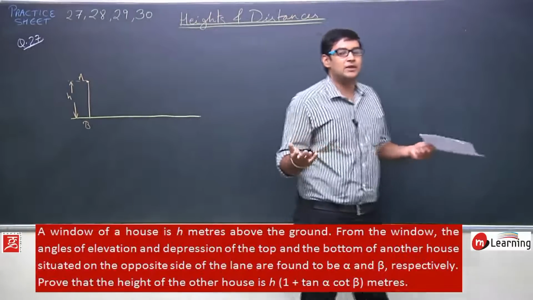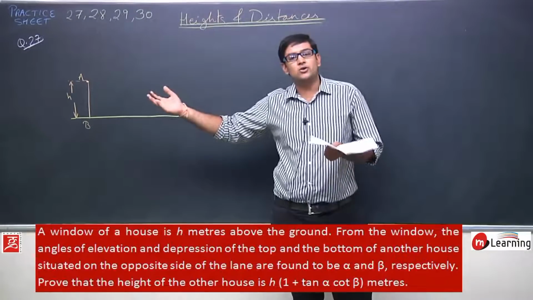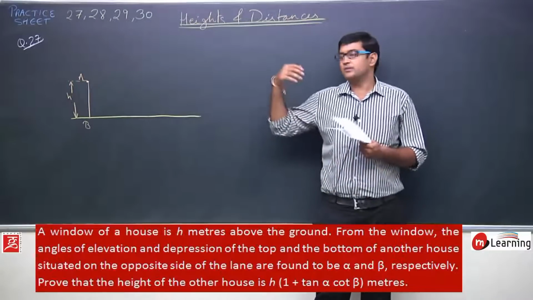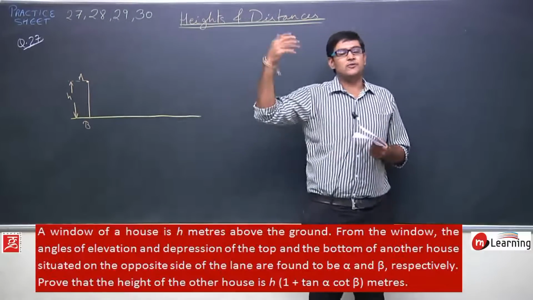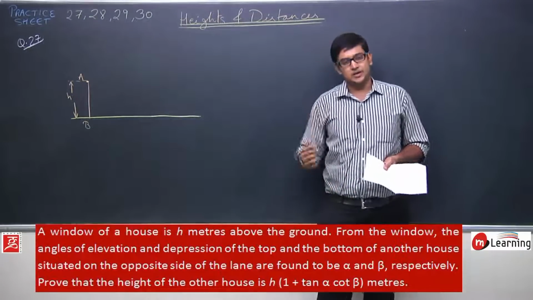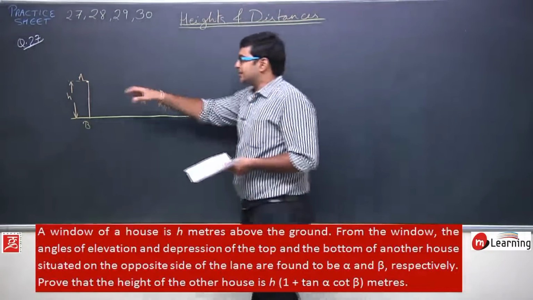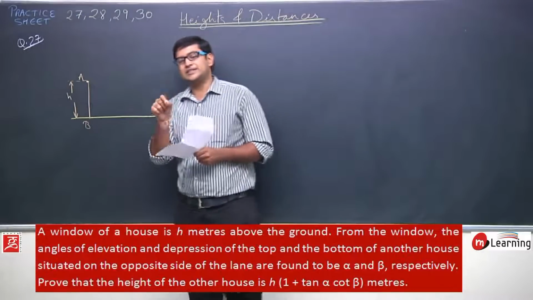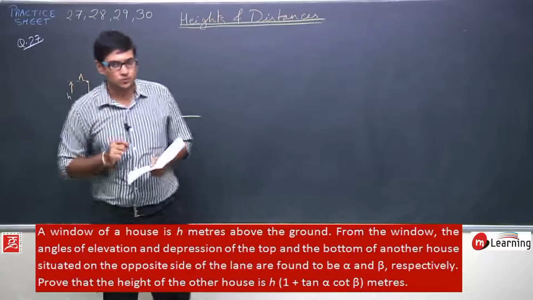It represents, for example, the window of a flat on the first floor or second floor, or maybe the nth floor in a building. So in this manner, I assume that this point A represents the position of the window.